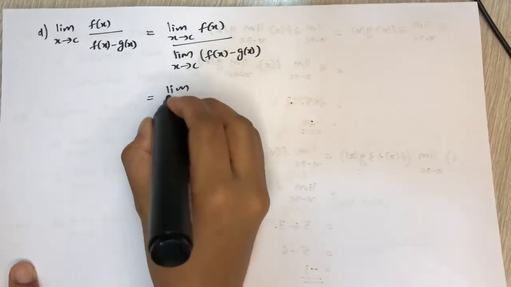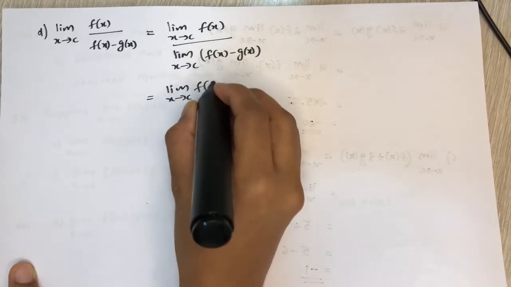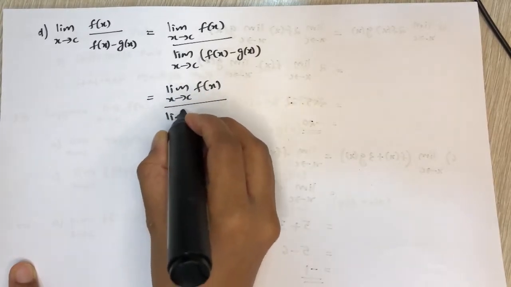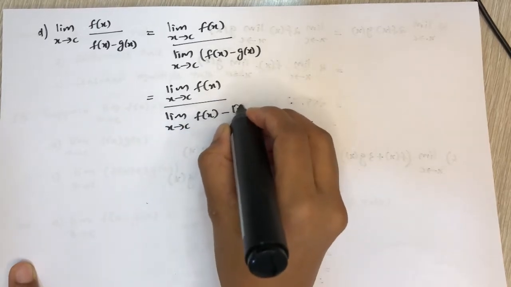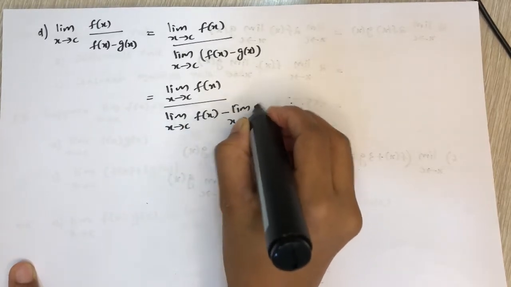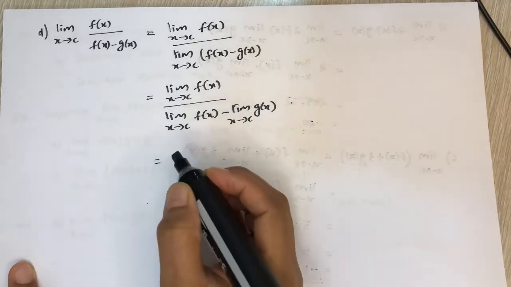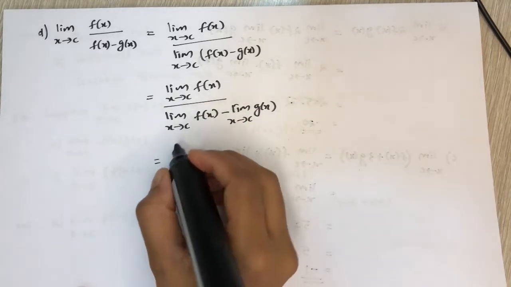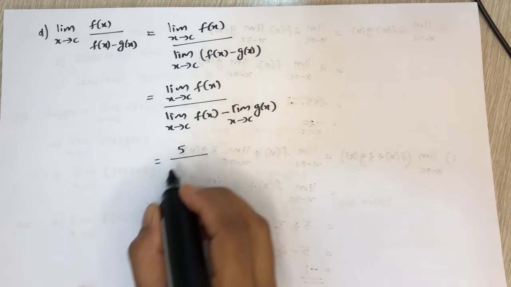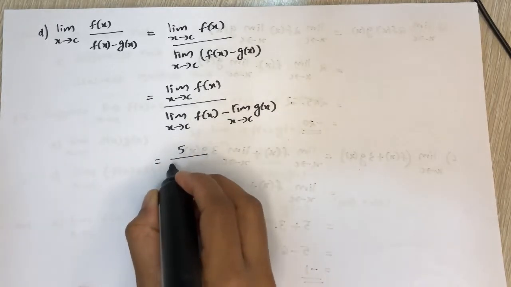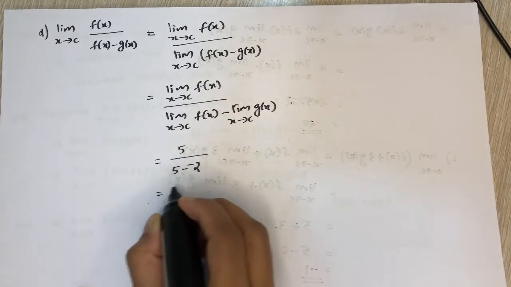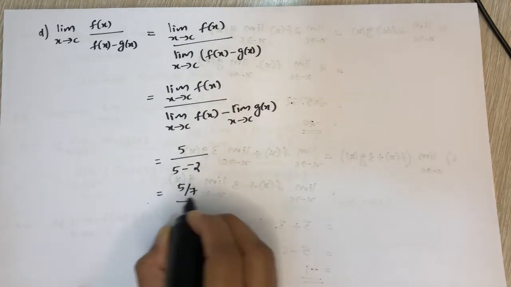It becomes limit x tends to c f of x by limit x tends to c f of x minus limit x tends to c g of x. Substitute, limit x tends to c f of x is equal to 5 and limit x tends to c g of x is equal to minus 2. 5 minus minus 2 equal to 5 by 7.